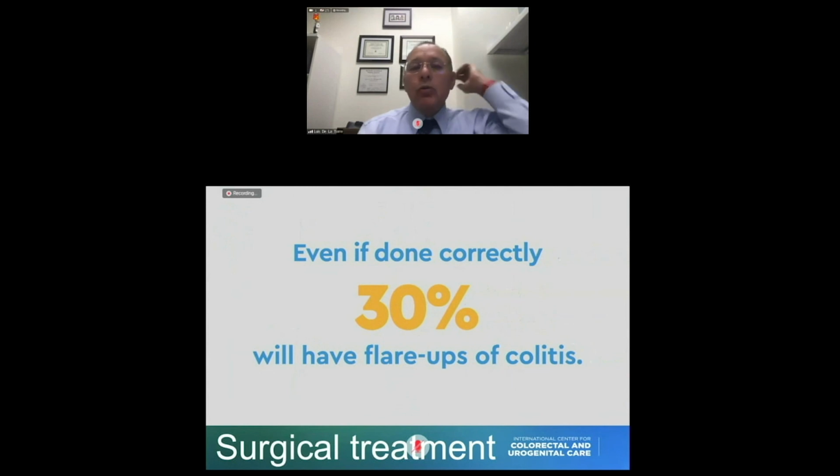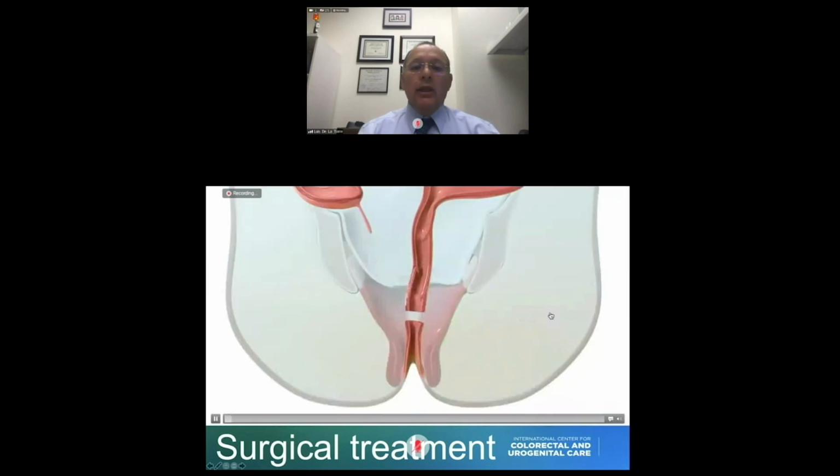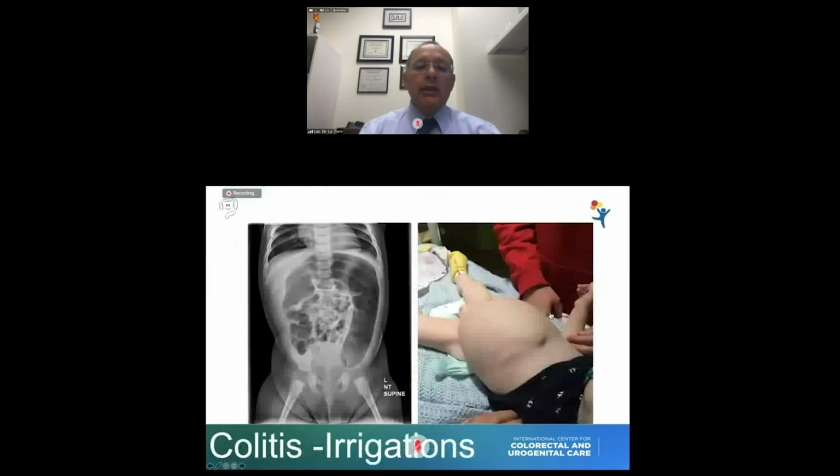Colitis, we don't know exactly why these patients present this problem. So it is important to let the parents know that after a good, perfect operation for Hirschsprung, these patients may suffer colitis.